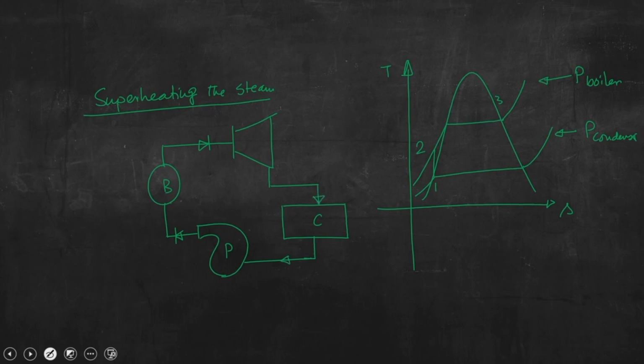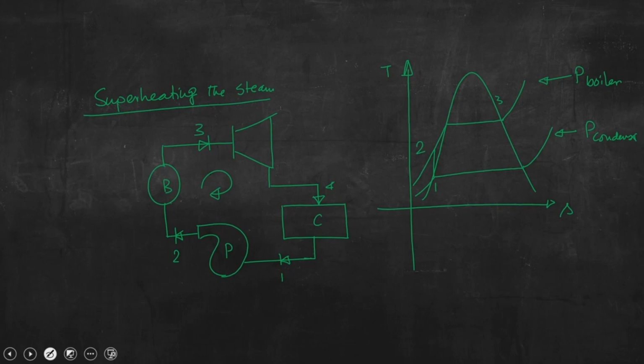So, this is point 1, 2, 3, 4. It is not mandatory that you always have to denote the inlet to the pump by point 1, that is up to you.